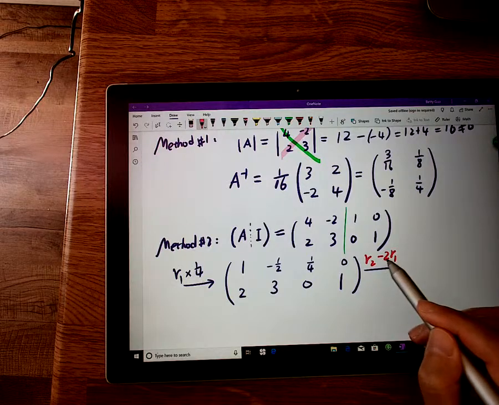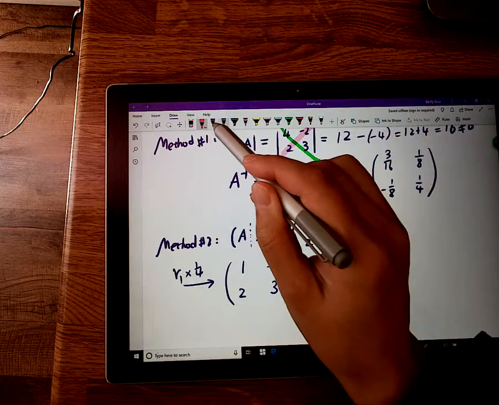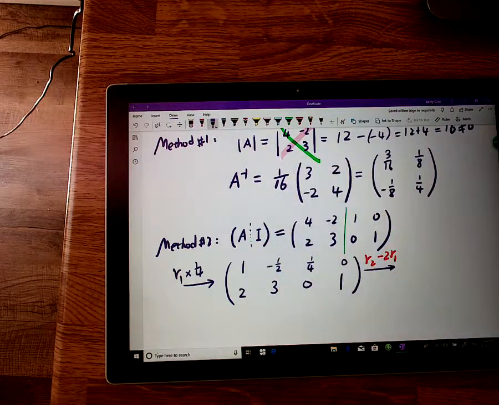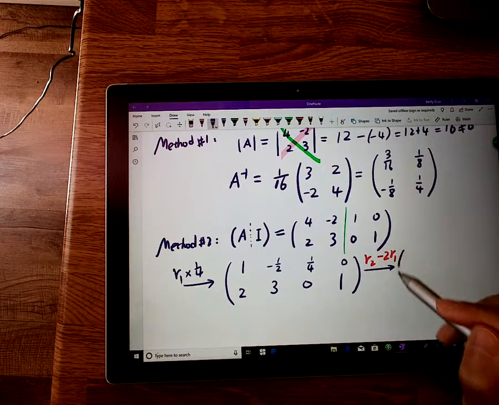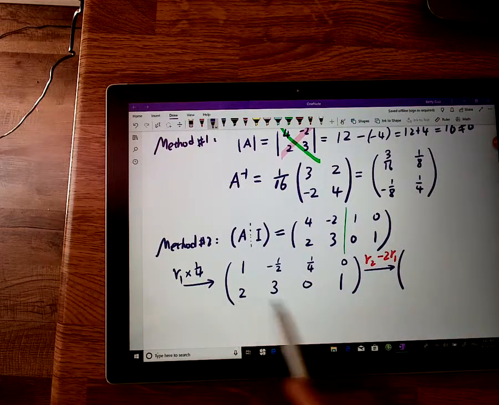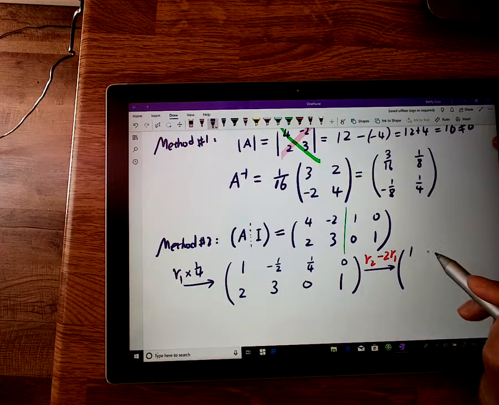So row 1 multiplied by -2 and added to row 2. But as I mentioned earlier, it really doesn't matter because some books have different notations. As long as you understand the operation, that will be fine. You understand that row 2 is going to be changed. Row 1 remains the same. So we're going to copy row 1.